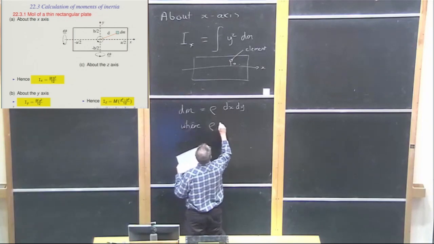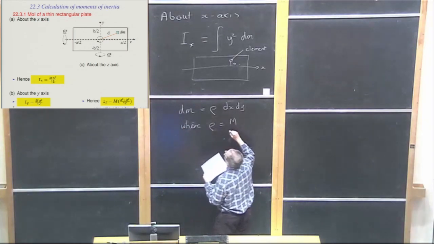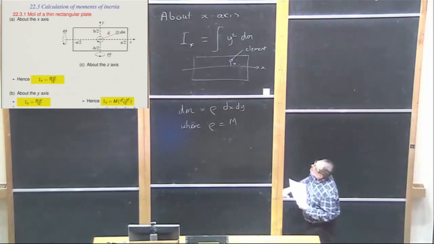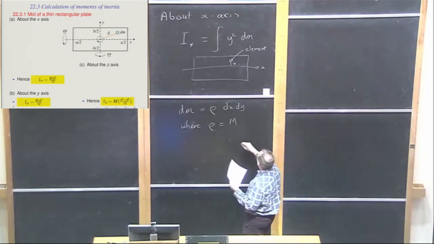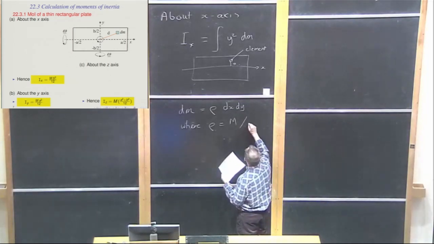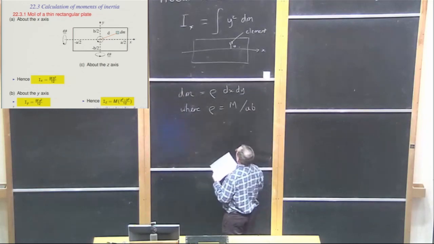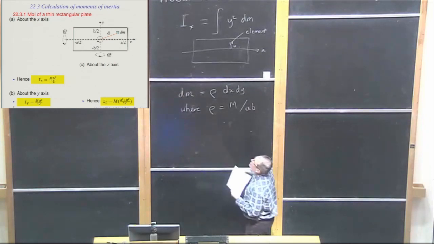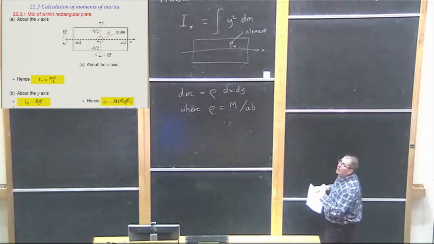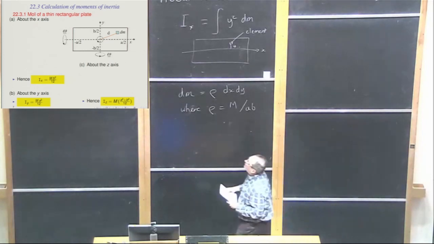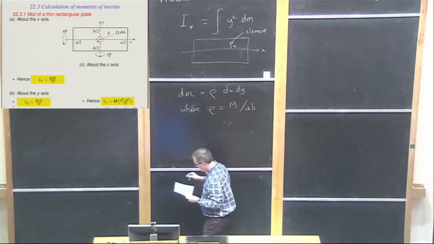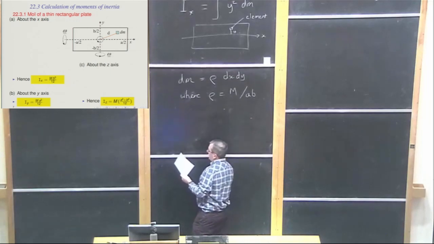Well, rho is going to be the total mass of the object, which is big M, divided by the area of the object. So this is ab. So the object is considered to be thin. So this is a two-dimensional density. Okay, so this plate is thin.